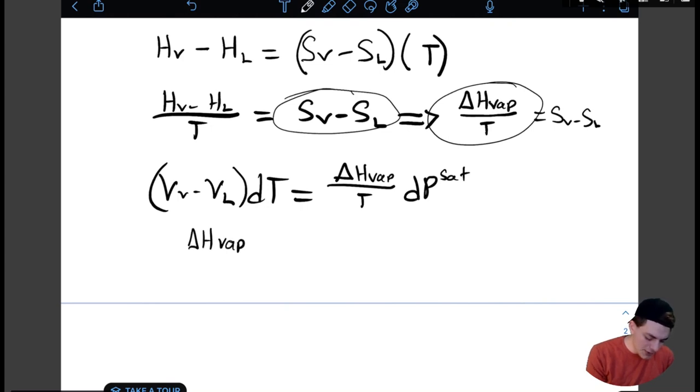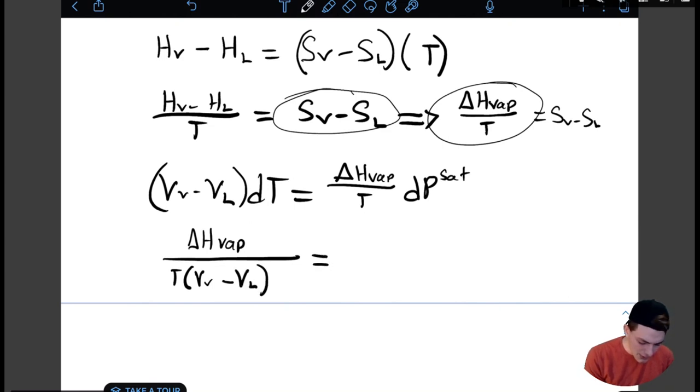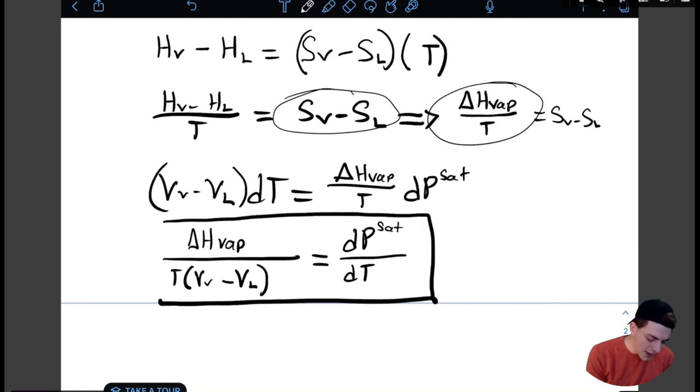Change in enthalpy of vaporization over temperature times the volume of the vapor phase minus the volume of the liquid phase is equal to the differential of saturation pressure over the differential of temperature. And now, what we have derived here is generally referred to as the Clapeyron expression.